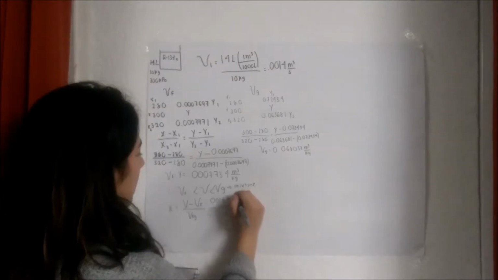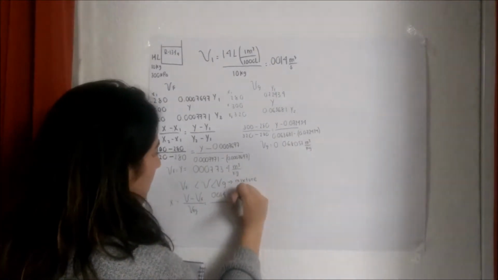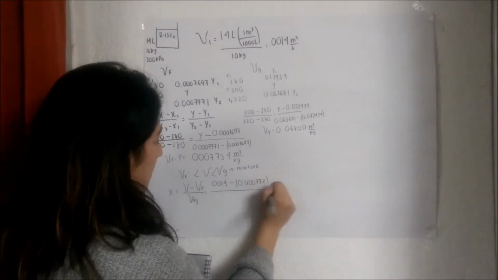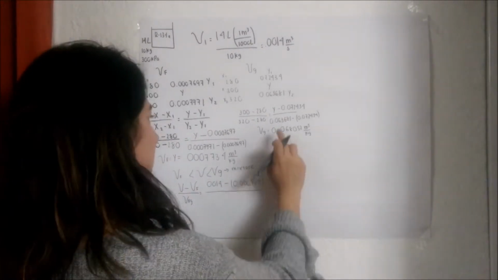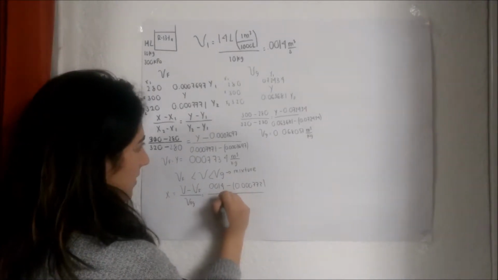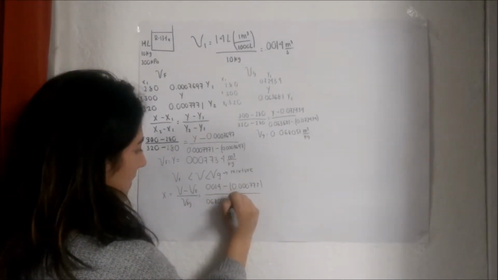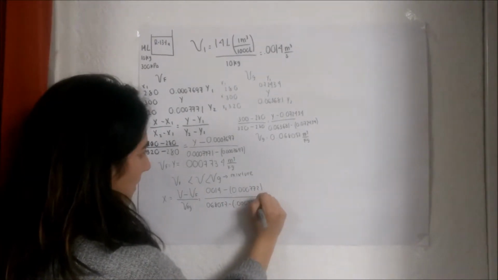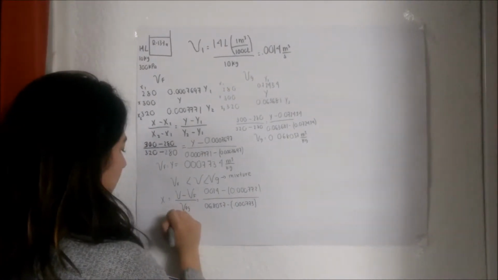So our x equals 0.0014 minus 0.000734, over 0.06057 minus 0.000734.